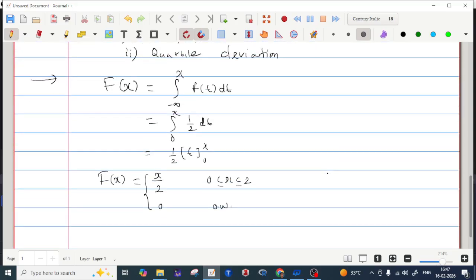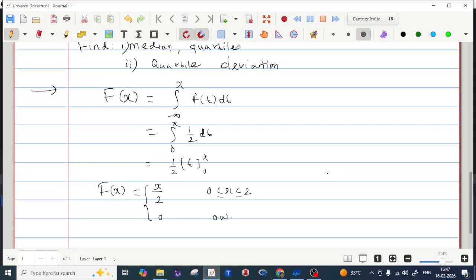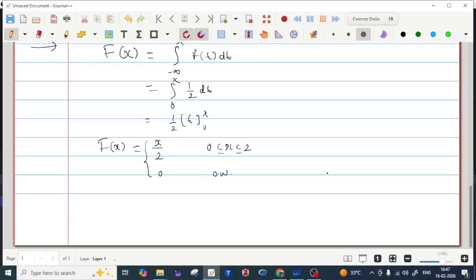Now we will use this capital F of x in order to obtain the median and quartiles. To obtain Q1, solve probability of X less than or equal to Q1 equals 0.25.